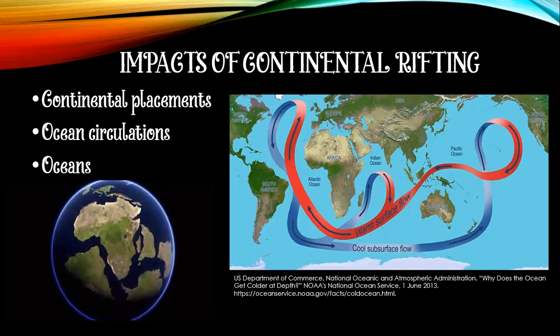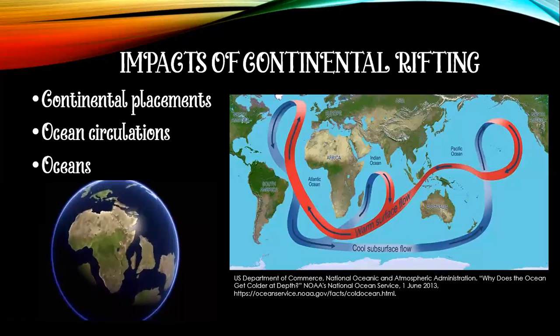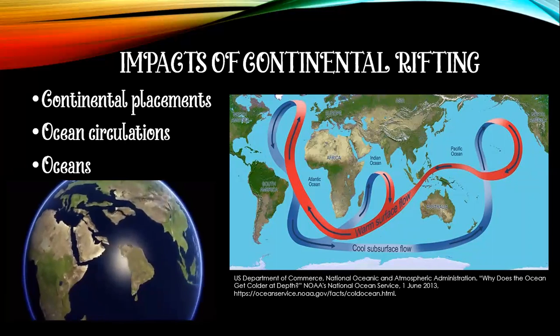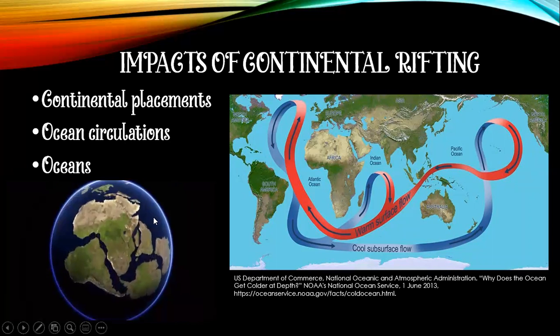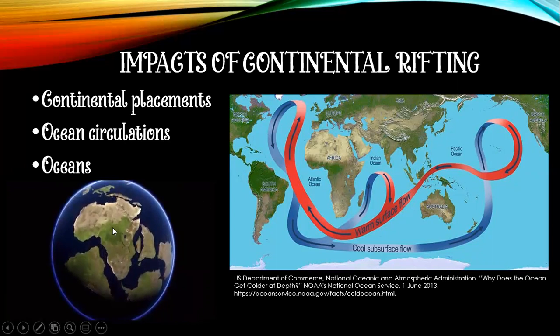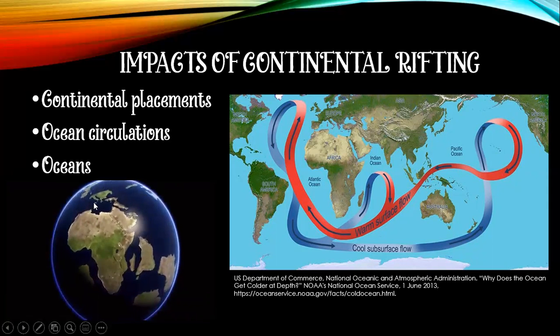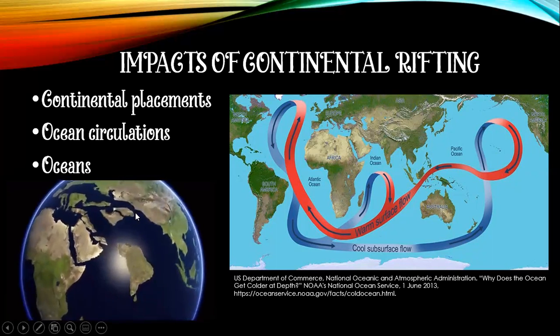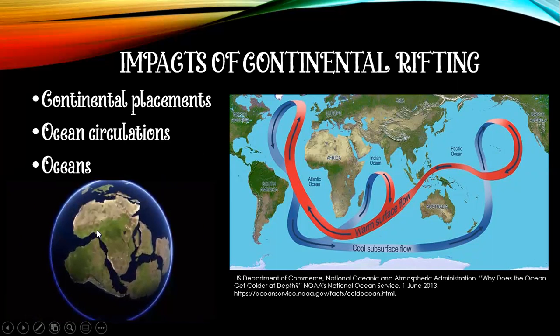Impacts of continental rifting. There are many impacts of continental rifting. We have impacts such as the continental placements. Remember, we had the continent Pangea, but due to the rifts and the movements of the continents, we now have what we have today of the world's placement of the continents.